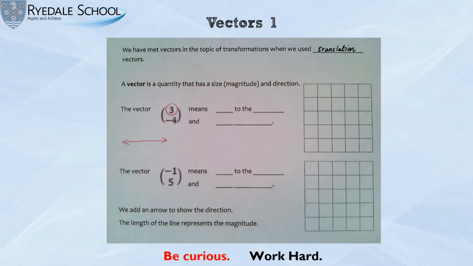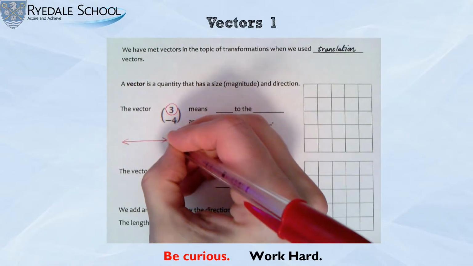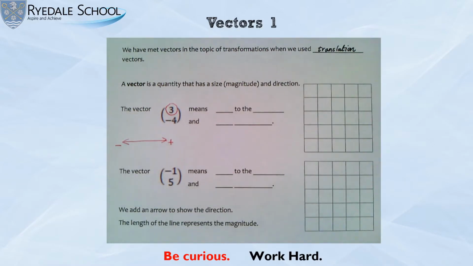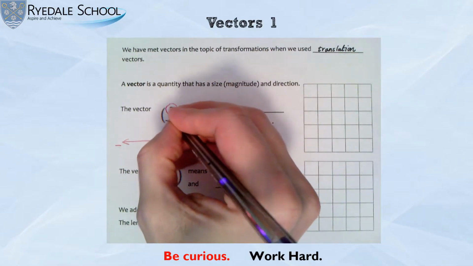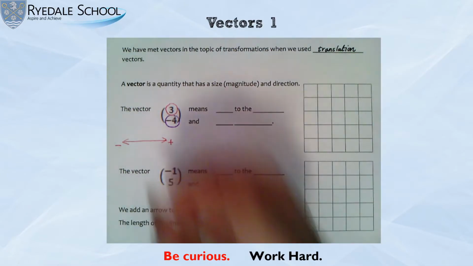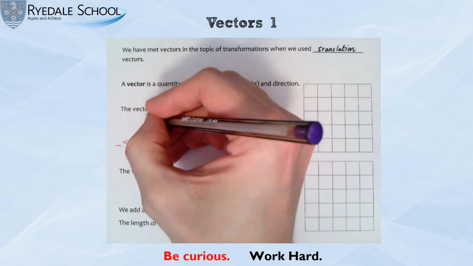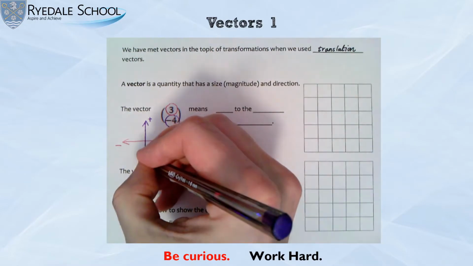The easiest way to remember positives and negatives is to think about a set of axes. The positive numbers along the x-axis are that way, the negative numbers are in that direction. The second number represents the y-axis. Similarly, a positive number on the y-axis goes up and a negative number goes down.